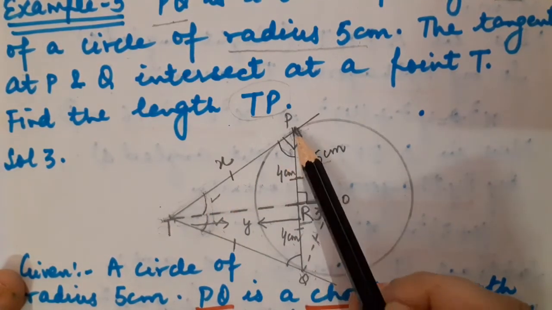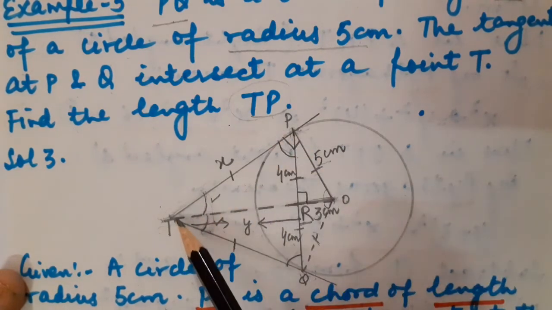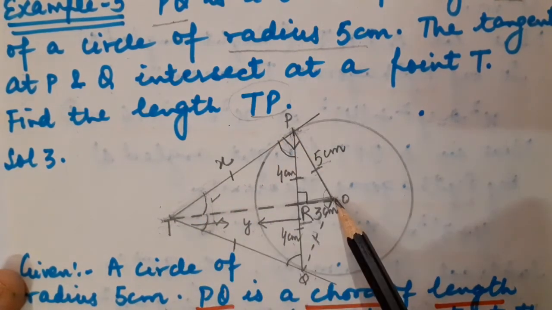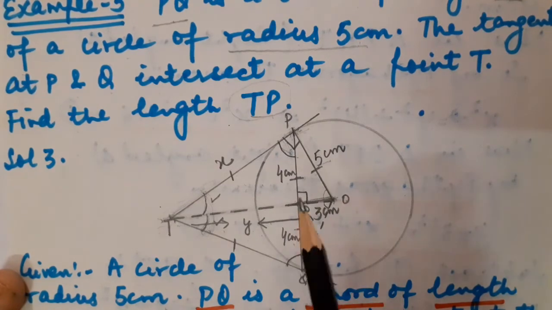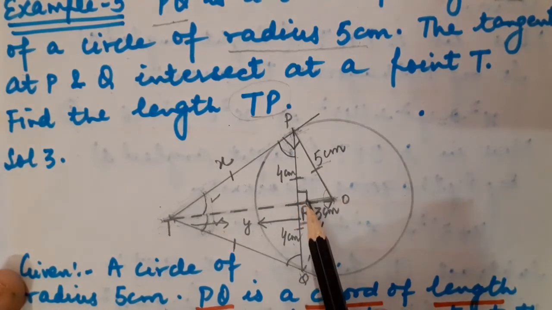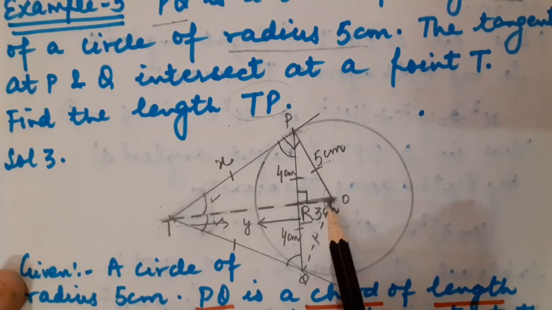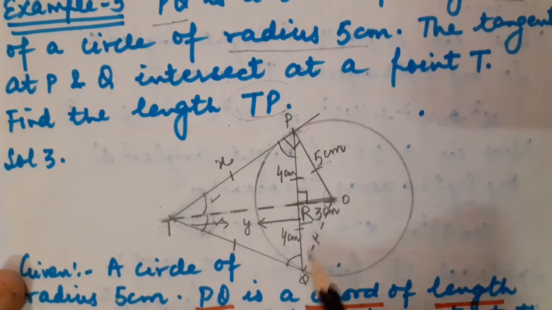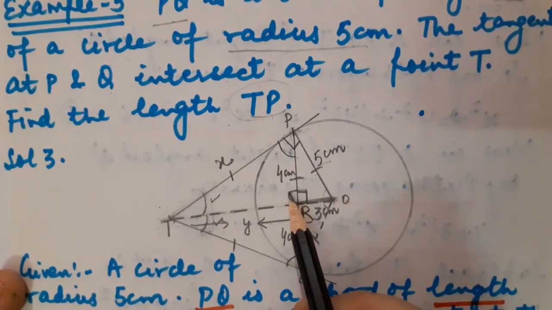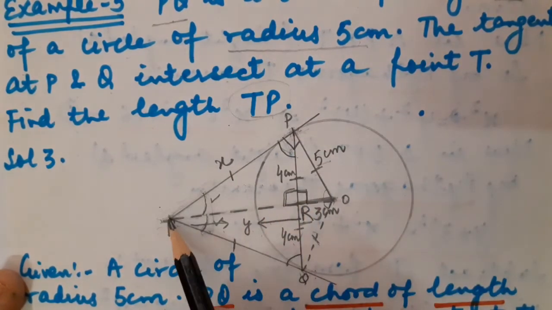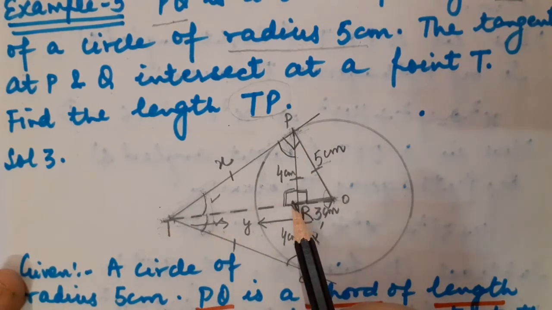So it means this complete triangle, TPO, is going to form a right angled triangle. Correct, children? In the same manner, as I told you, when a perpendicular is drawn from the center point, it bisects the chord. If this is 90 degree, then by straight line angle, I can say that TRP will also be 90 degree.